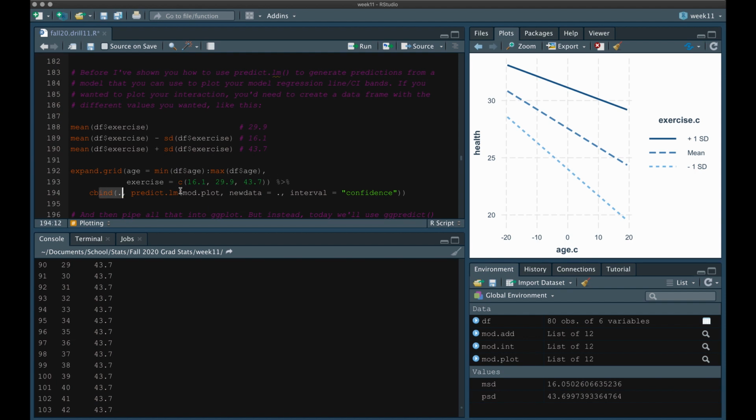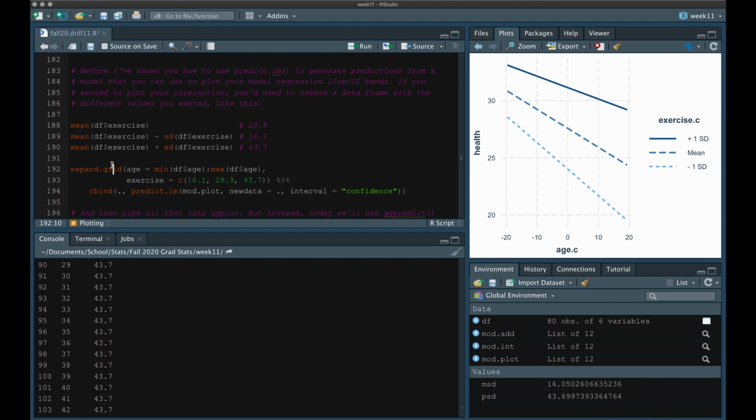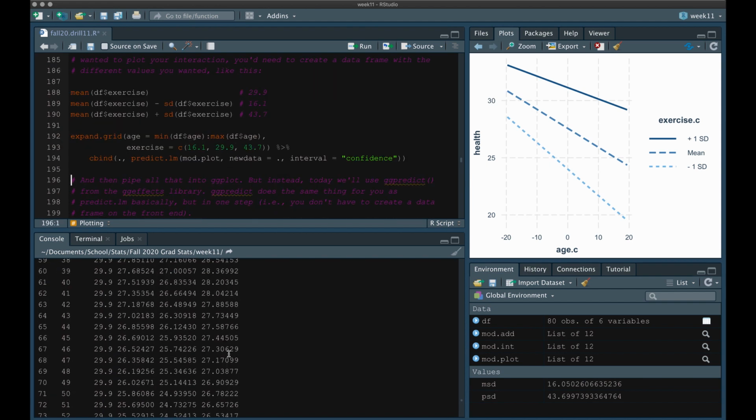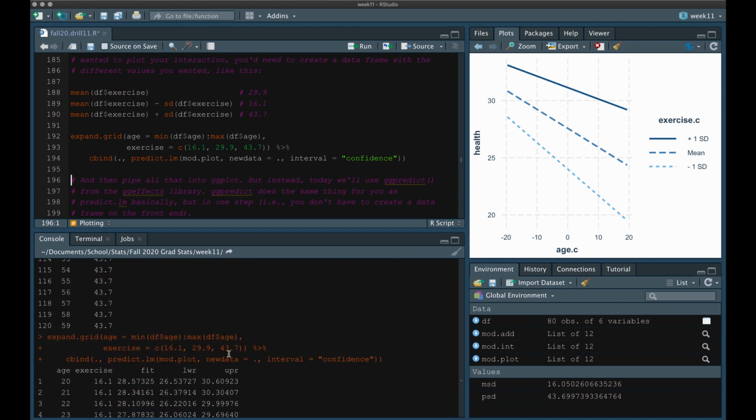Then you pipe that into predict LM, tell it you want confidence intervals, and then you bind it all together, and when you do that, you end up with a data frame that looks something like this.